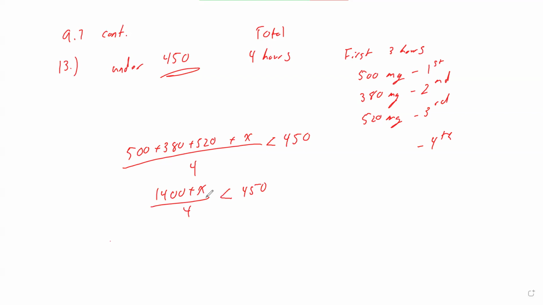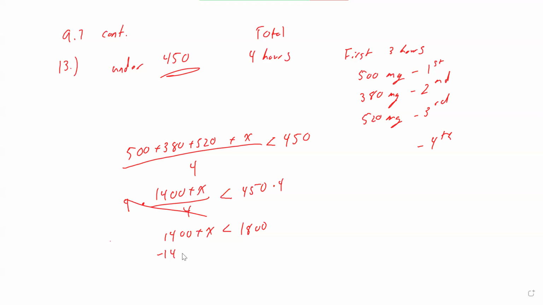Just like we solved the equation in 9.6, I'm going to multiply to get rid of that division, since everything is being divided. So I get 1400 plus X is less than 450 times 4, which is 1800.